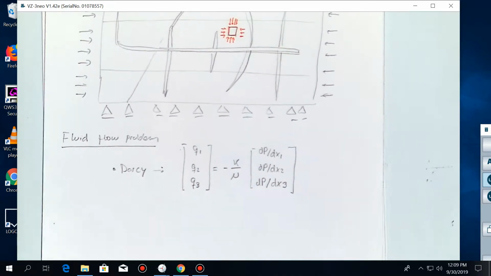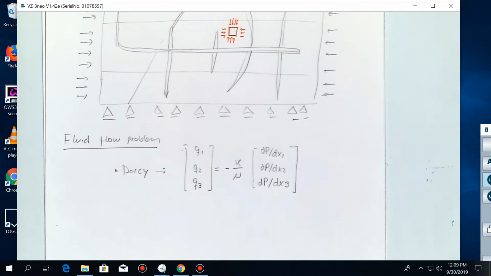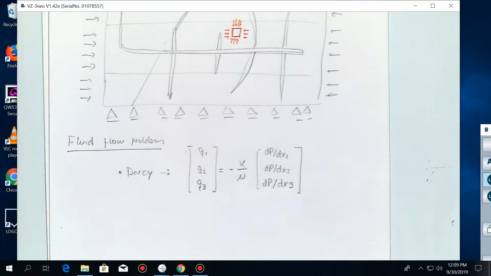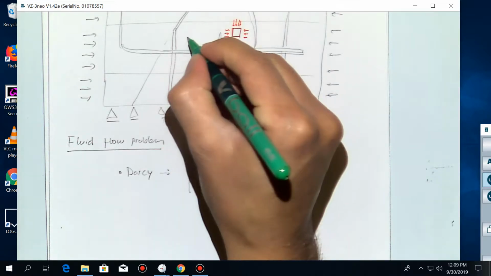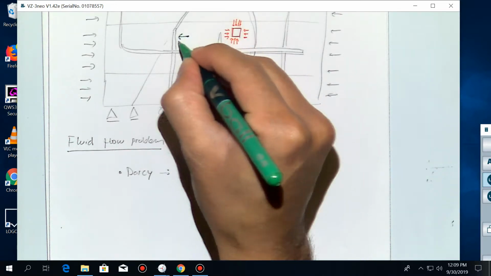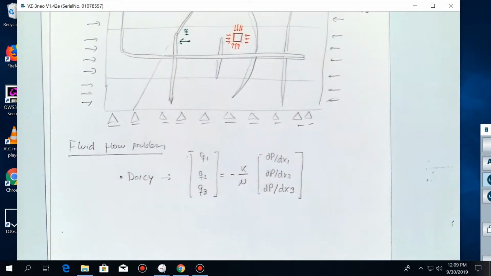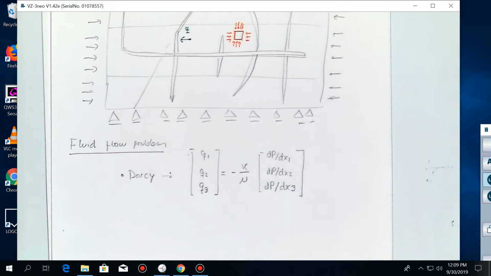And those 3 add up and make a vector in 3 dimensions. So for example, here I could have fluid that goes in this direction, and that's going to be a vector.